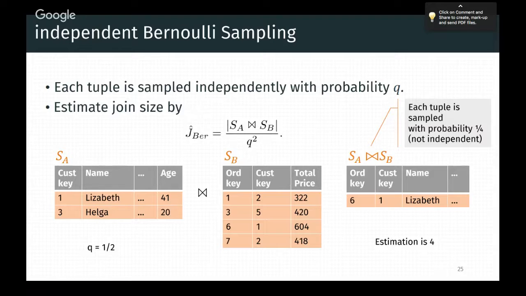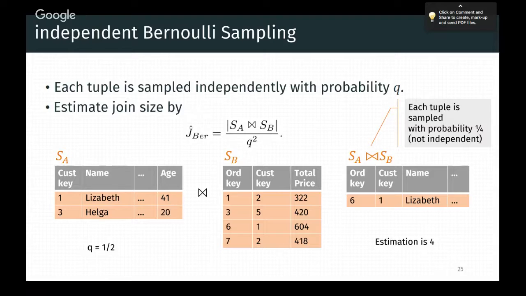Because each tuple in each table is sampled with probability Q, a result tuple will appear in SA join SB only when both tuples are sampled for table A and table B. So the probability is Q². Then when we scale it by 1/Q², we get an unbiased estimator for the join size.